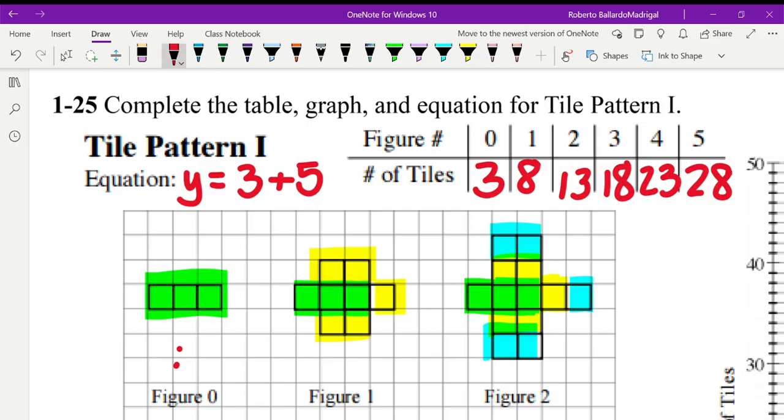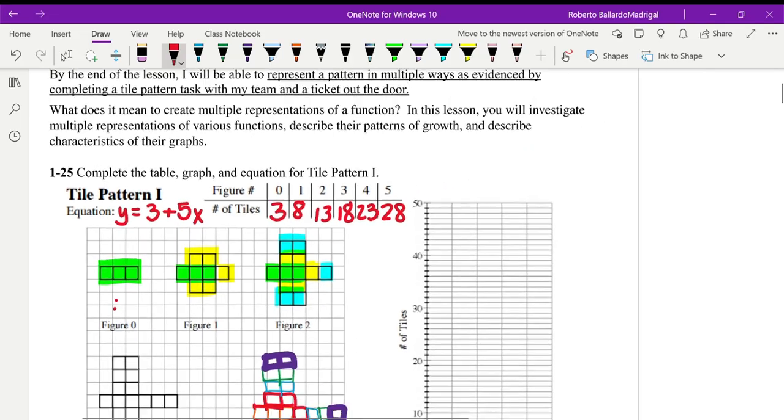So if I place my x next to the 3, then I'm saying we're adding by 3 each figure. So then it's next to the 5. All right. So you guys can go ahead and write that equation down. We have 3 plus 5x.